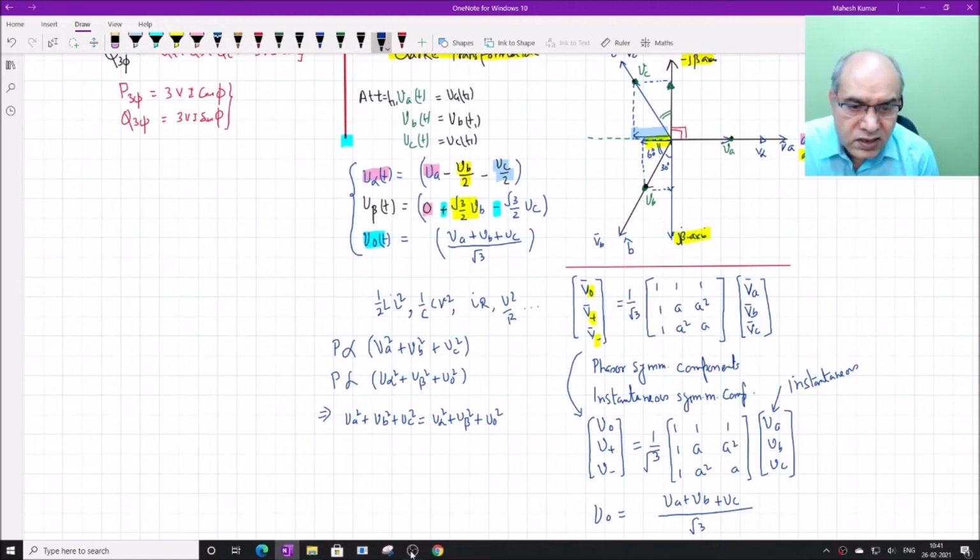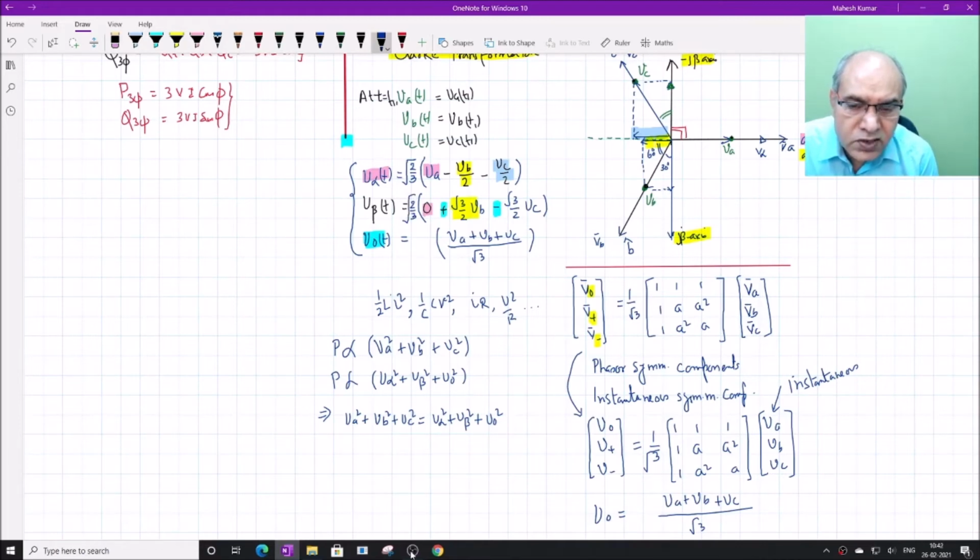We will see, and we can prove, that this is only true when there is a factor of root 2 by 3 here.